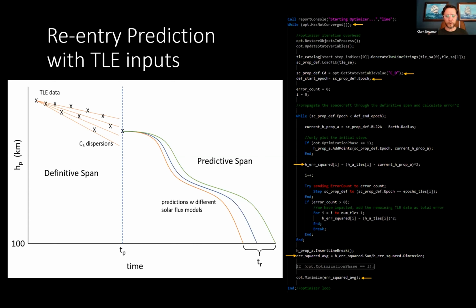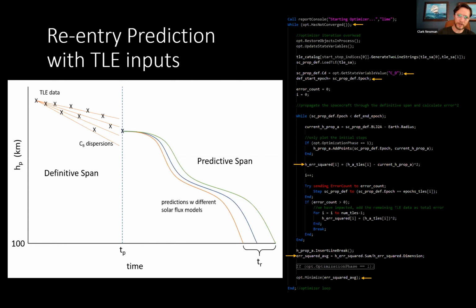Each two-line element is a noisy observation of the spacecraft state. But for a lot of these objects, depending on their visibility and proximity to other assets, they could be tracked pretty heavily and reported TLEs pretty regularly, or they may be tracked sparsely and only updated on the two-line element database sparsely.